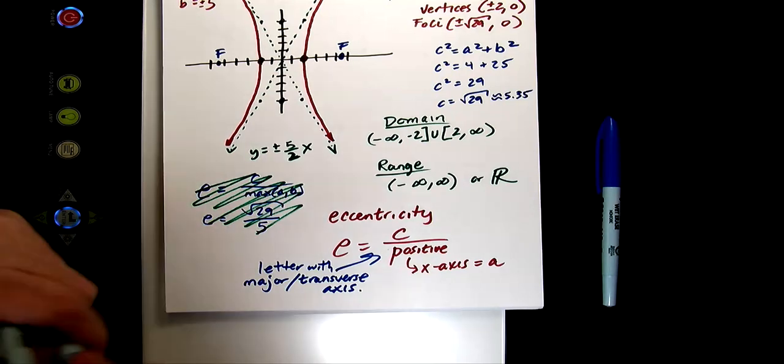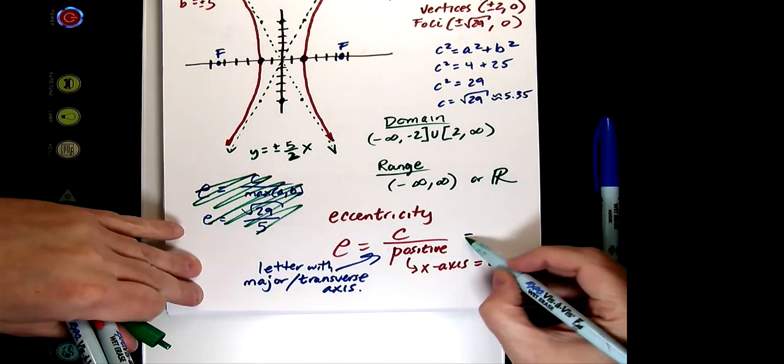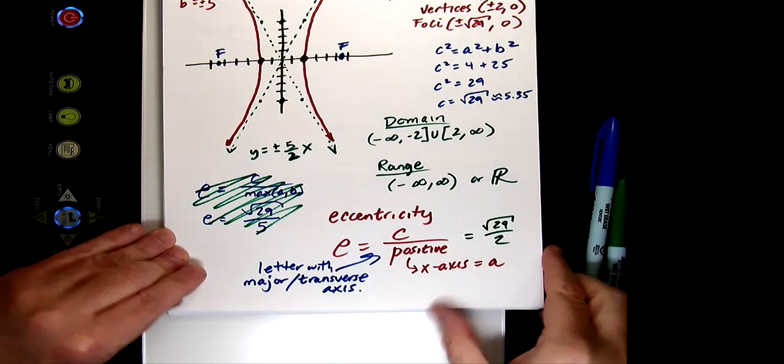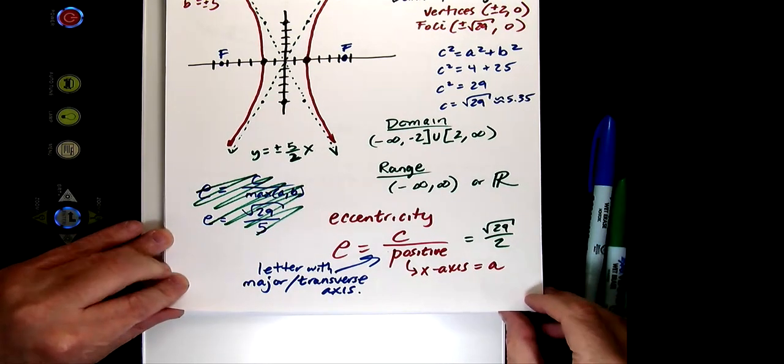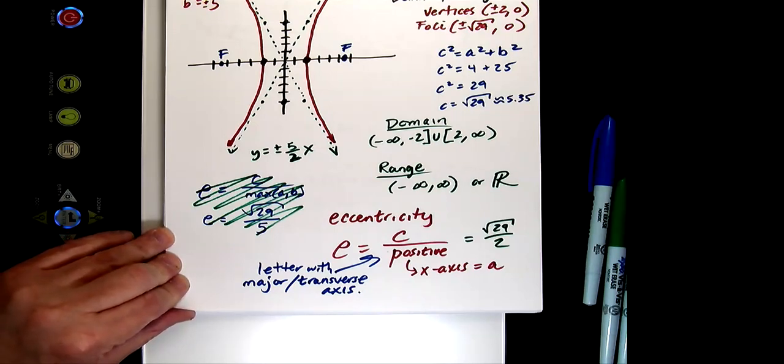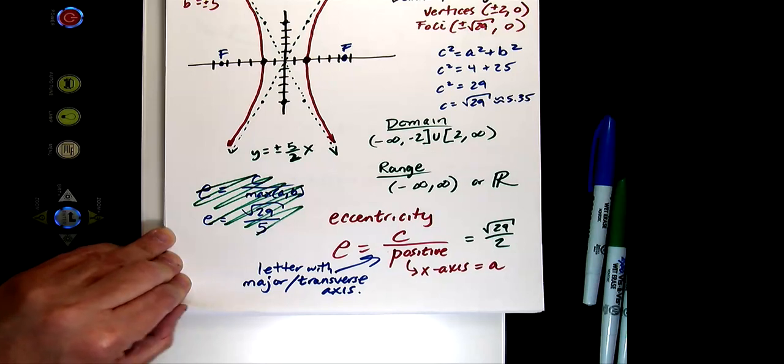Square root of 29 over 2, yes. You guys ready for another? All right.